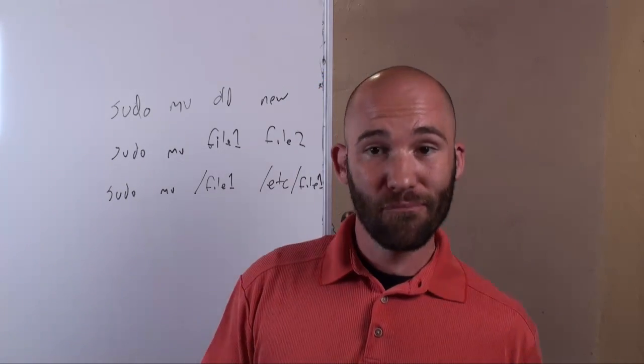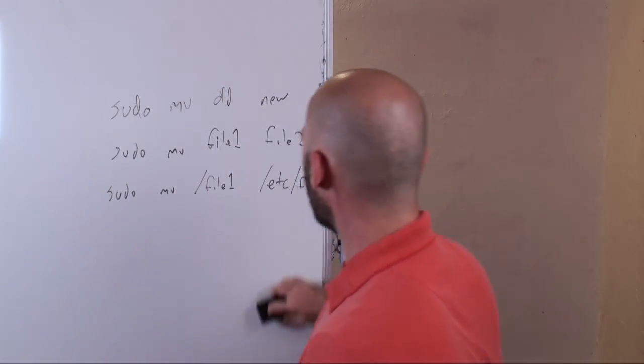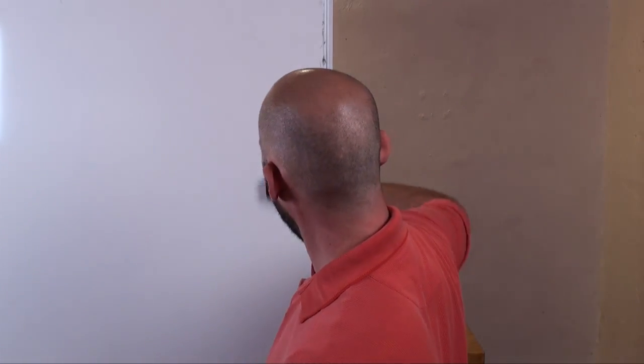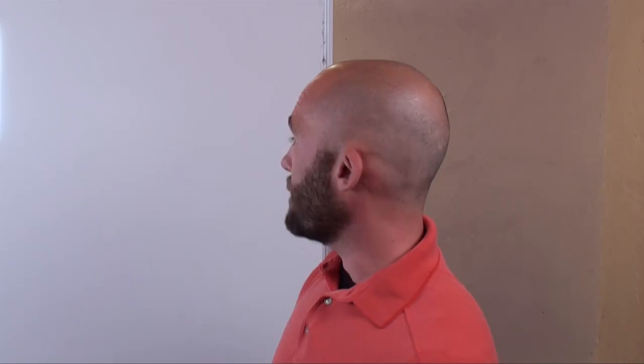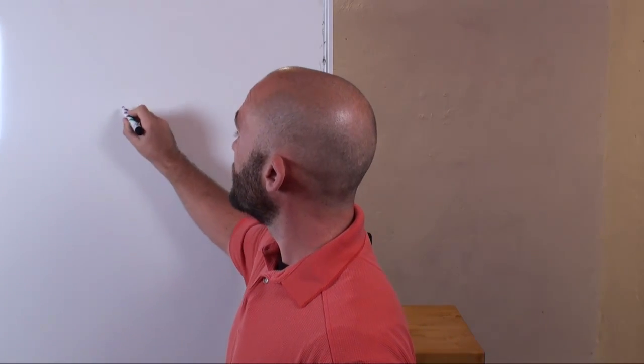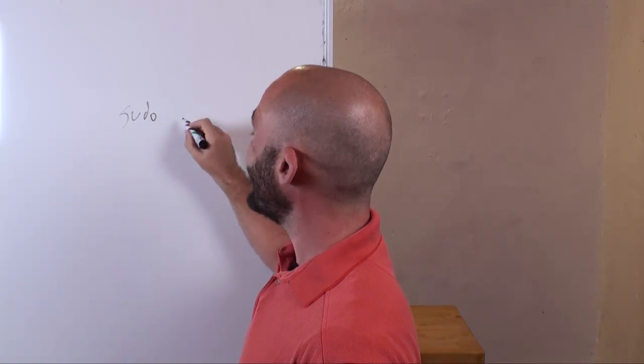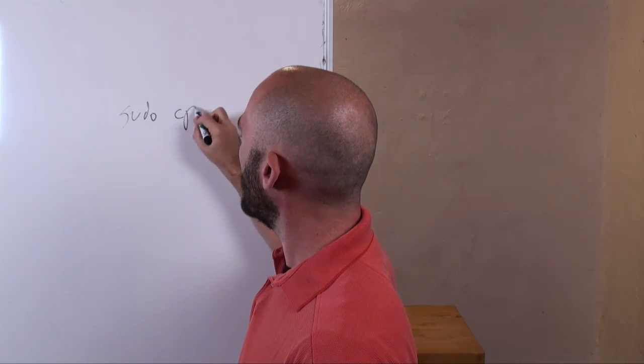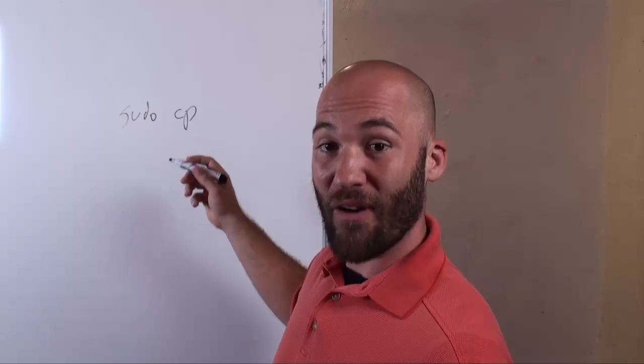Again, pretty simple. Now, if you're trying to copy a file, for whatever reason, a lot of times, especially when we're dealing with configuration files, you should create a backup file before you start messing around with the original file, because if you mess up the original file, that's a bad thing. So what you can do is sudo space cp, which is copy, and then whatever file you're copying.